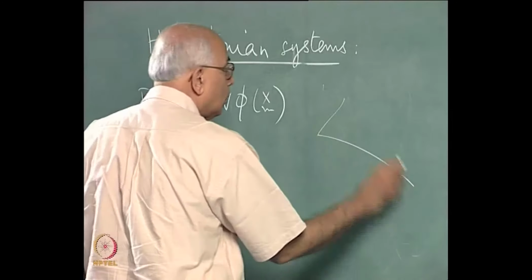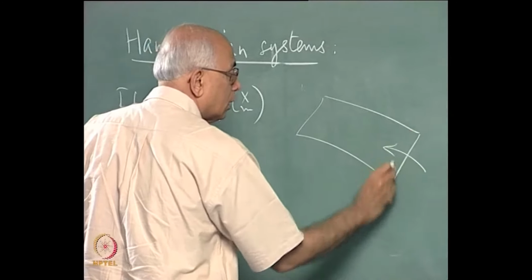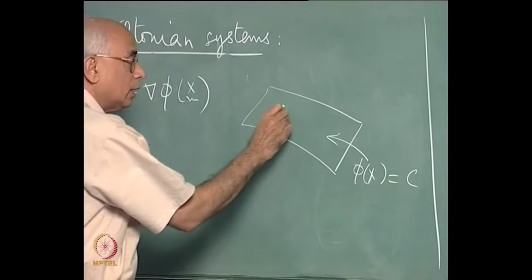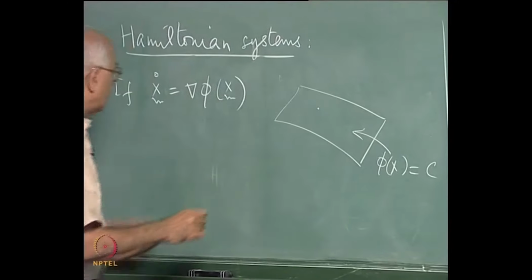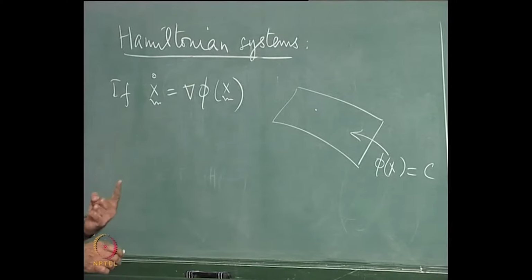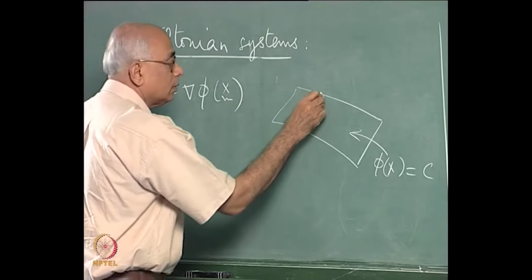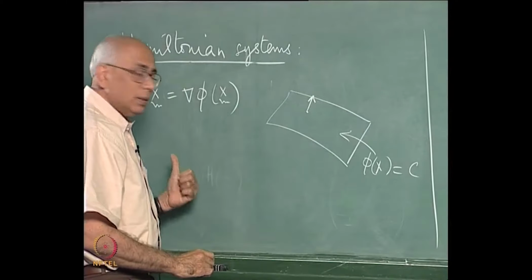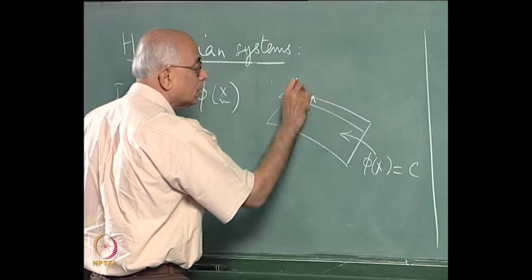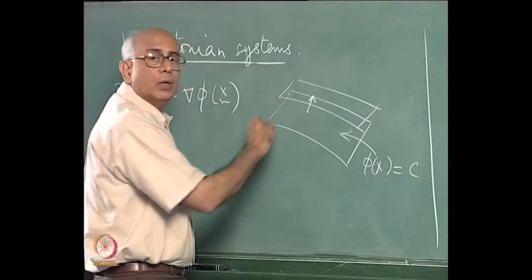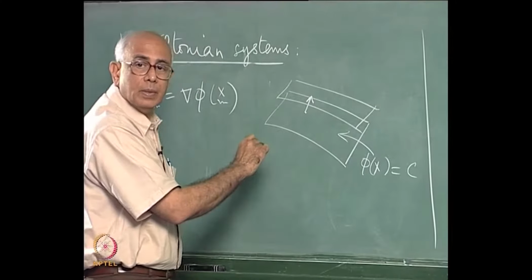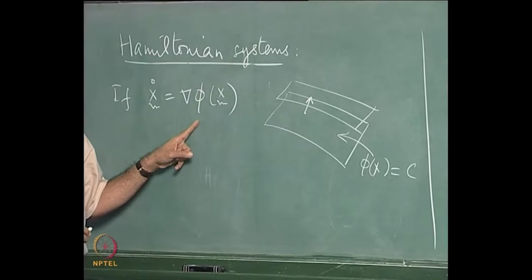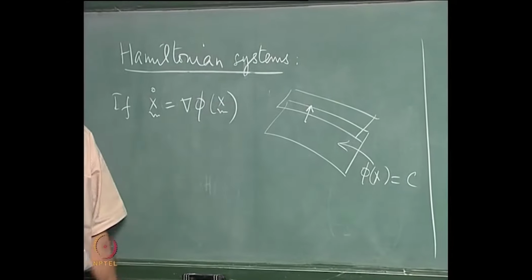If phi of x equals some constant on this surface, and we are at this point in phase space, then this velocity vector is directed normal to this surface in this fashion. So in the next instant the system moves to some other surface, phi of x equal to a different constant, for instance, and the motion is normal to the level surfaces phi equal to constant at each point.